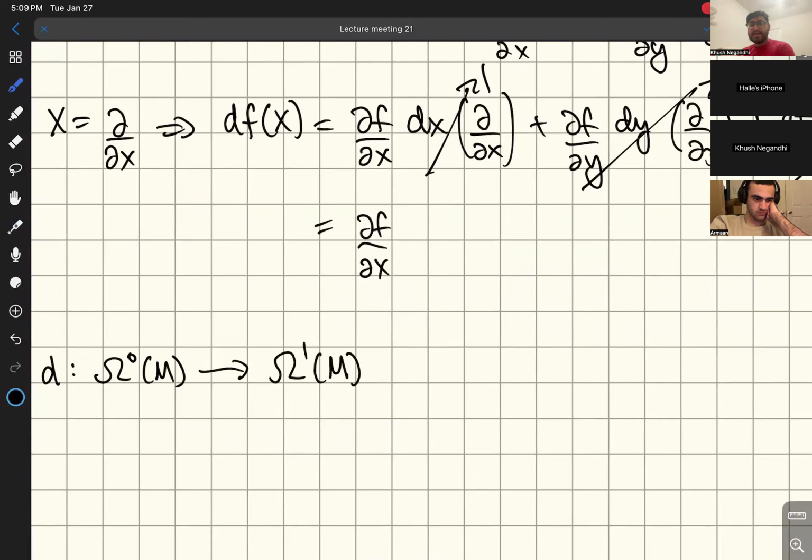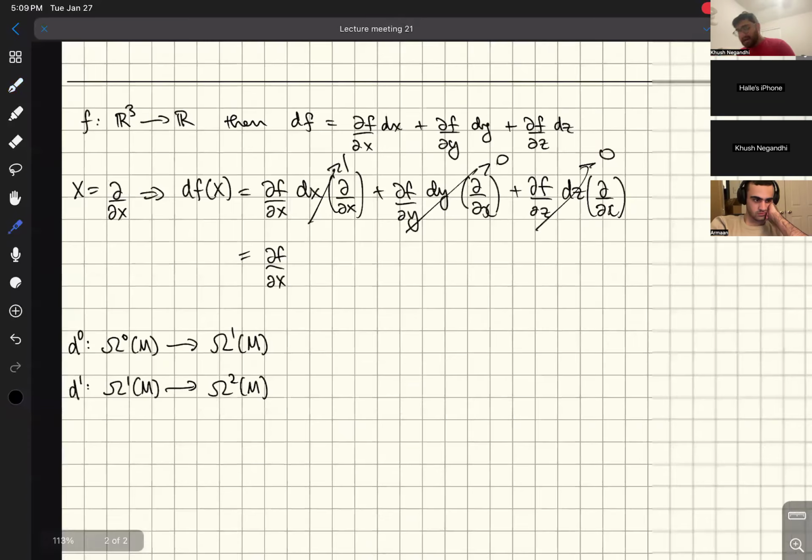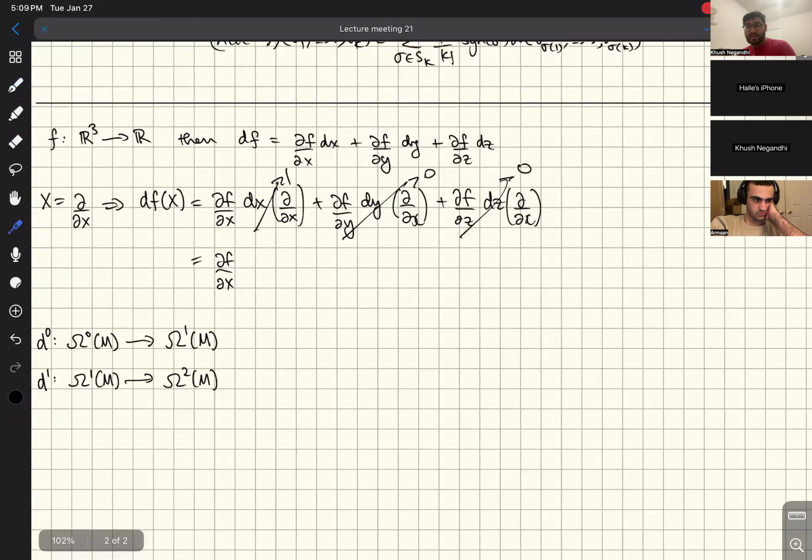Now the question is, can I take this d, let's call this d0, and find d1 so that it takes in a one form and spits out a two form in a way that is satisfactory to me? What I mean by that is that it generalizes whatever properties this d had. The idea is that there is such a map, and it is called the exterior derivative.